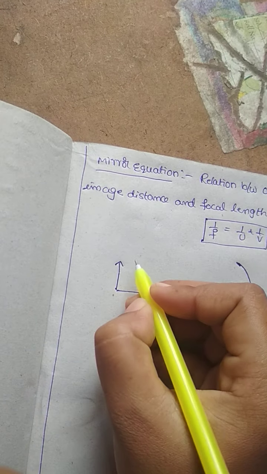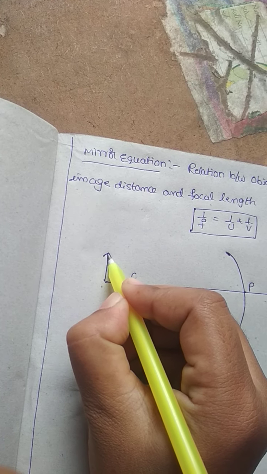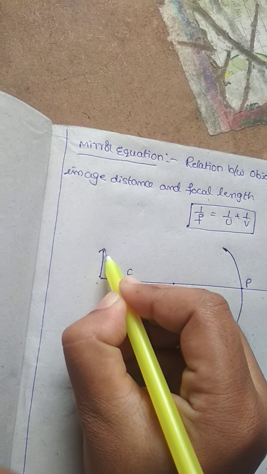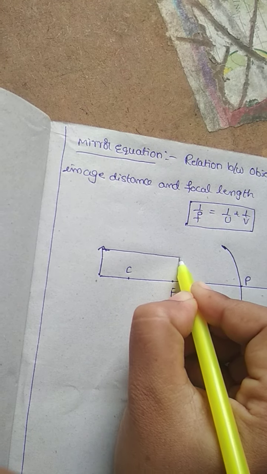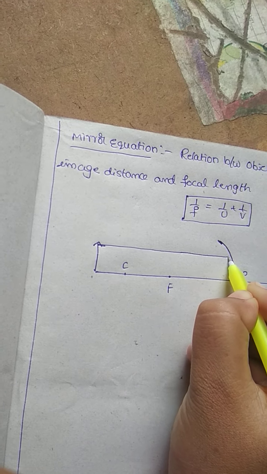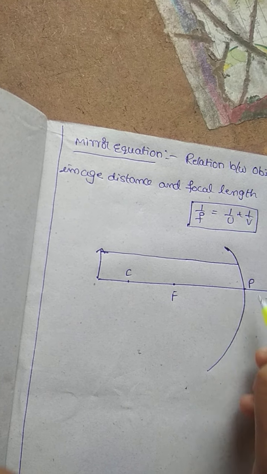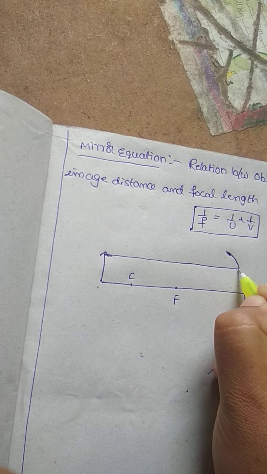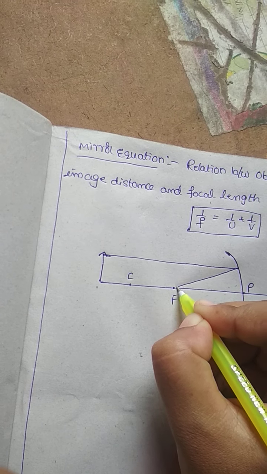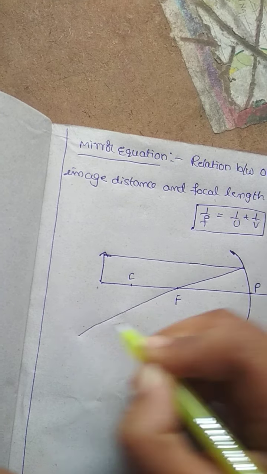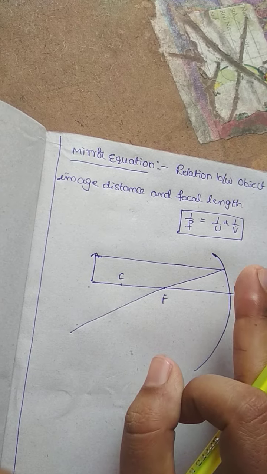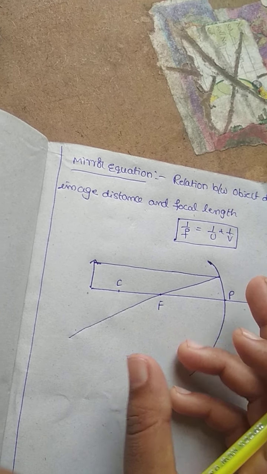The first rule: whenever a ray of light is incident on the spherical mirror, after it reflects, it passes through the principal focus. Here I am using 3 rules only, though we can use the 4 rules also.